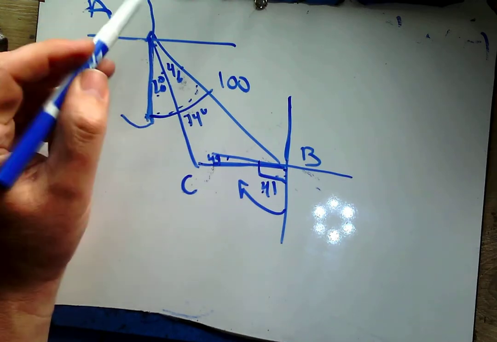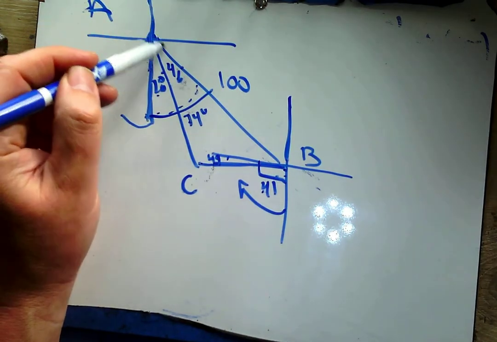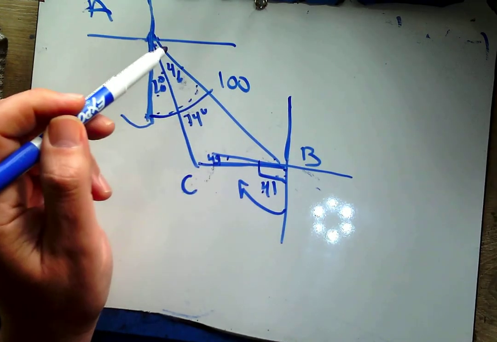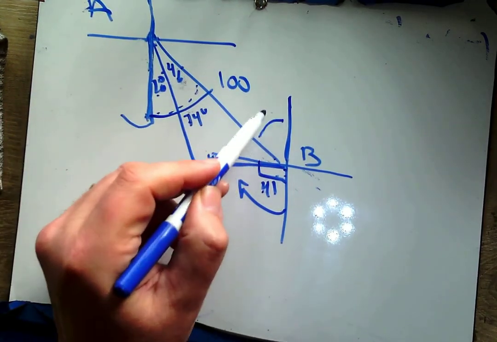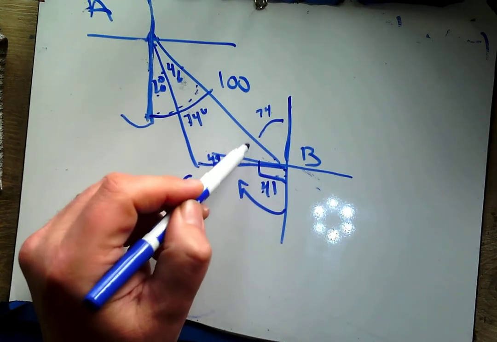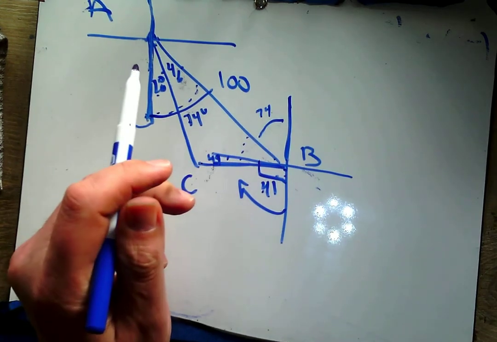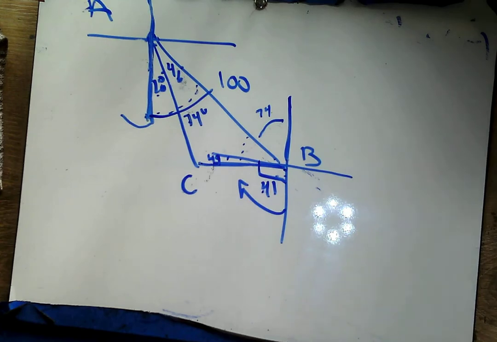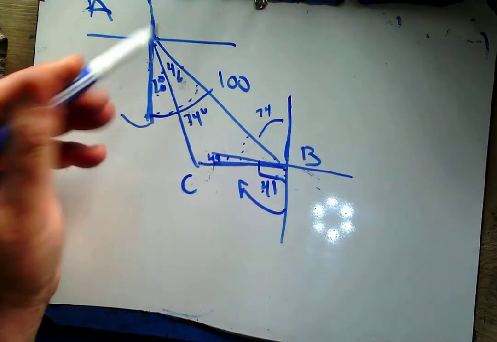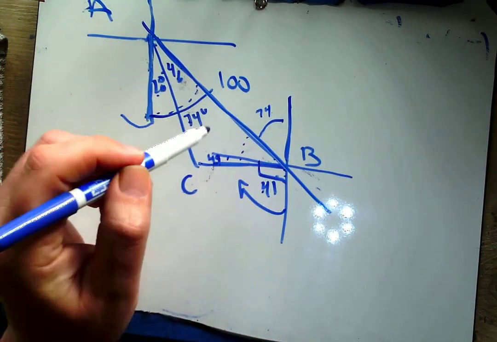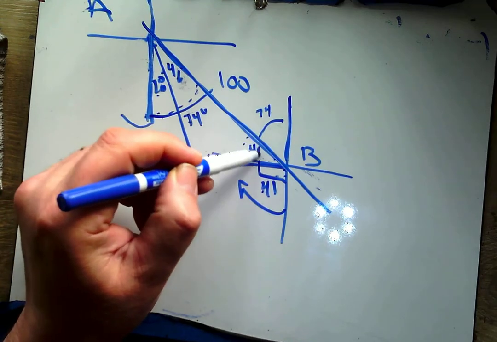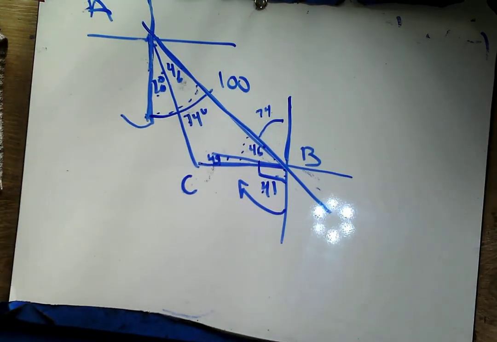And so I know that these parallel lines cut by this transversal, I'm getting that this is 74, and so this must be 46, I think. That's 46. Oh, because there's my diagonal. That's 46.